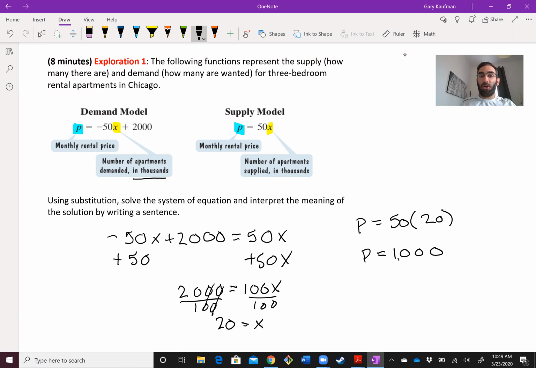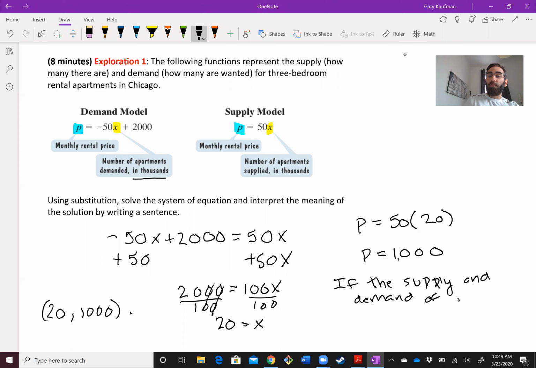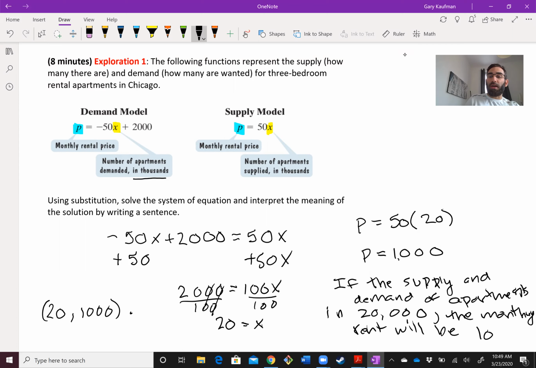So if I now want to interpret the solution, which is 20, 1,000, if the supply and demand of apartments is 20,000, because it's in thousands, the monthly rent will be $1,000. So there's our first exploration.